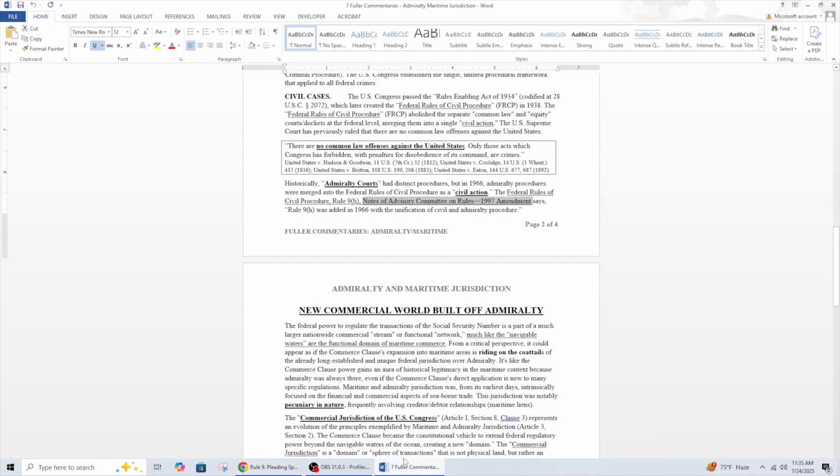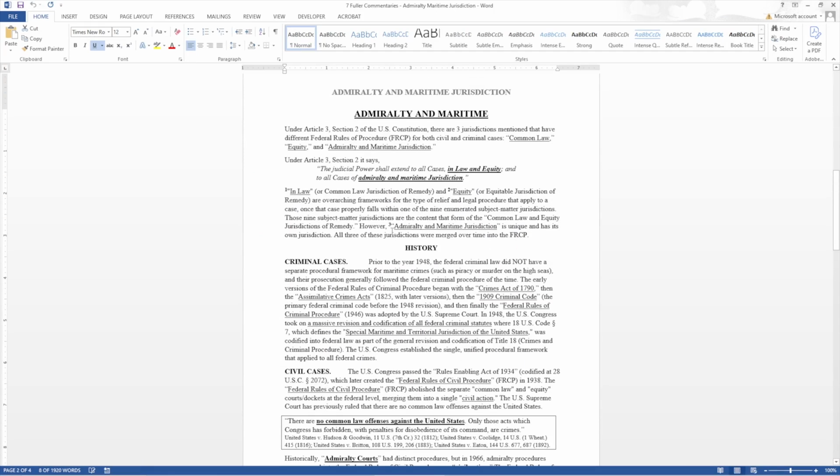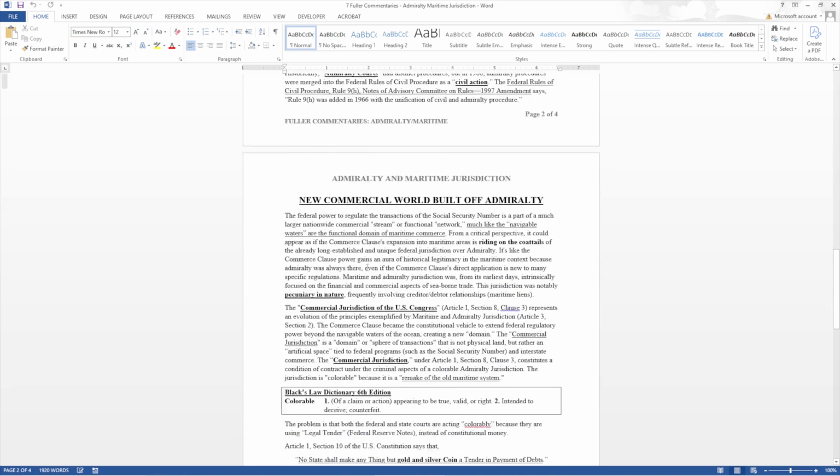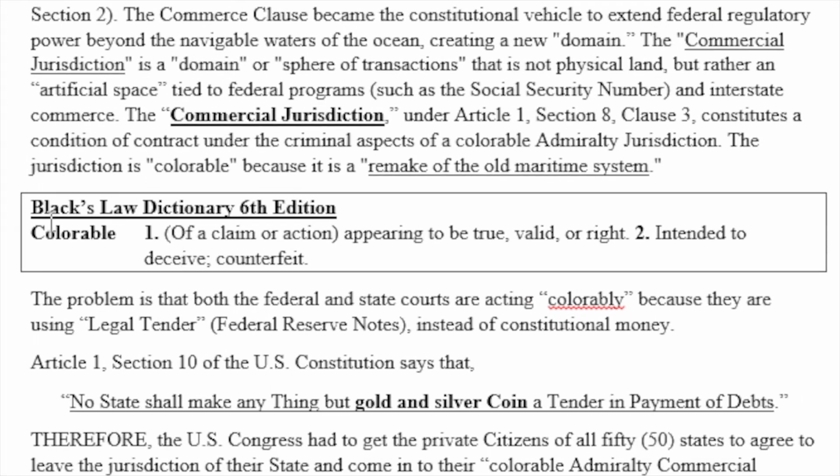Okay, so as we learn about this, and you're wondering how the Admiralty courts actually went from Article 3 somehow into our Article 1 courts, it's colorable in nature. Now, colorable is a very interesting word. If we look in Black's Law Dictionary, 6th edition, you're going to read that of a claim or action, it's appearing to be true, valid, or right.